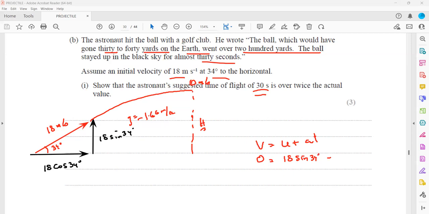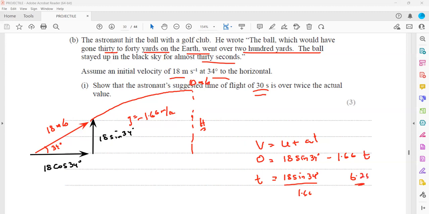Because it is decelerating, so minus 1.66, the acceleration due to gravity. And time we are finding. So we simplify: this moves to the other side and is divided by 1.66, so it will be 18 sine 34 divided by 1.66. That gives us the time. So the time to reach the maximum height is 6.2 seconds.